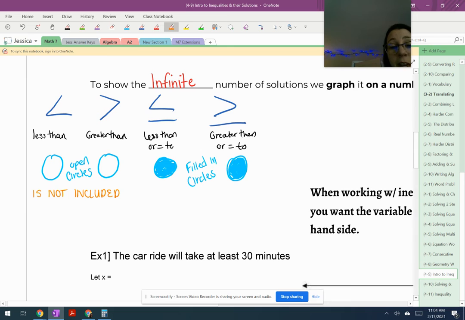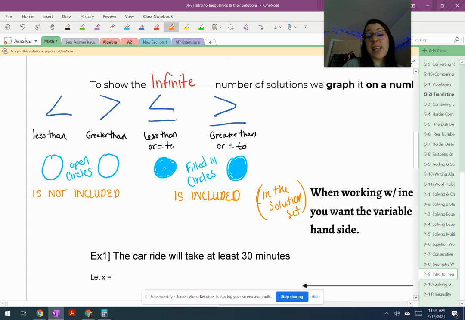And when you're dealing with a filled in circle, it is included. And when we're saying included, we mean in the solution set, that set of infinite numbers that makes the inequality true.